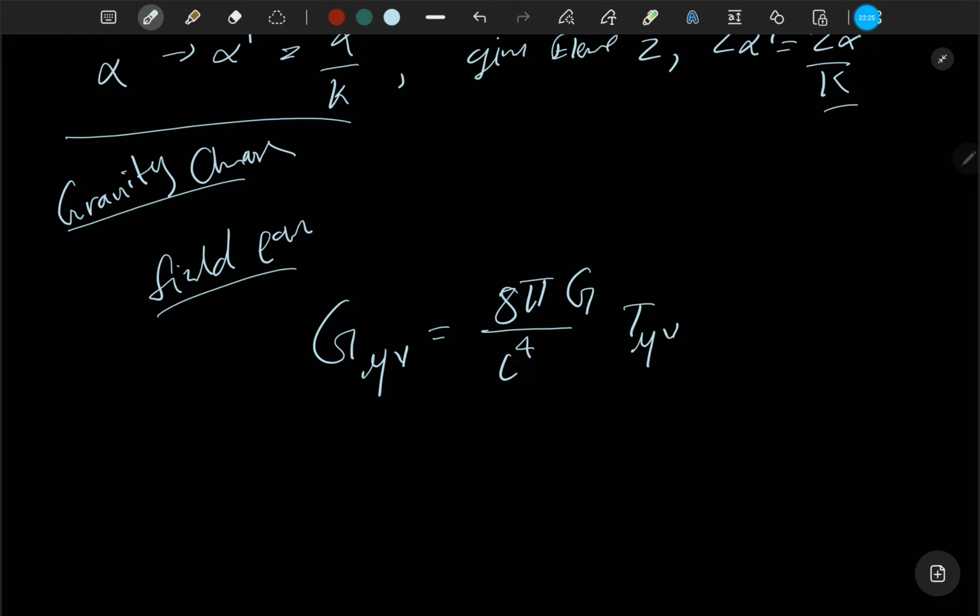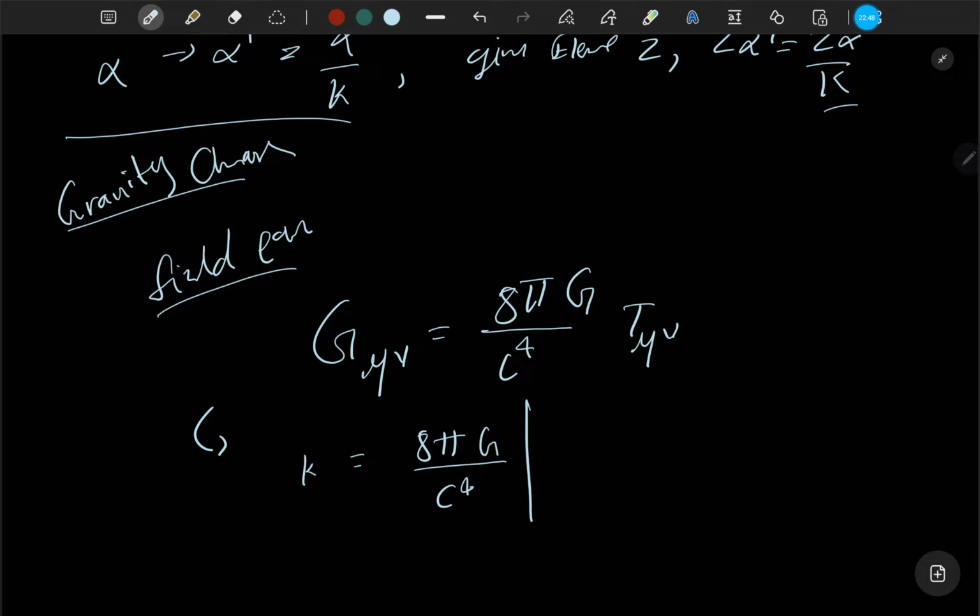So in this we can define kappa as this, right? So let's say c changes to c dash. c dash is basically kc with the big G unchanged, right?